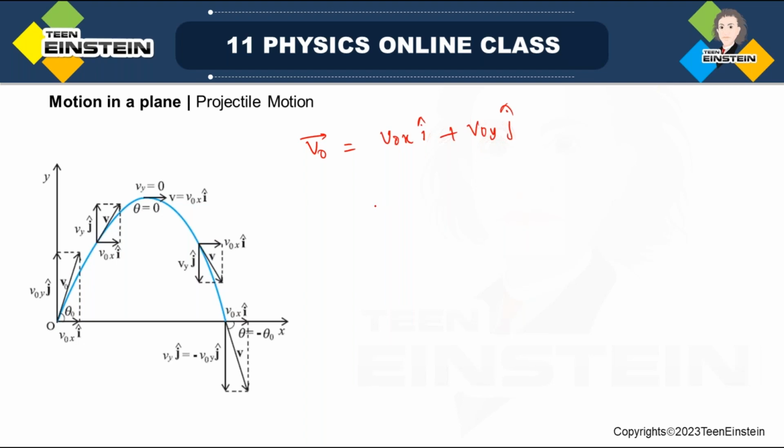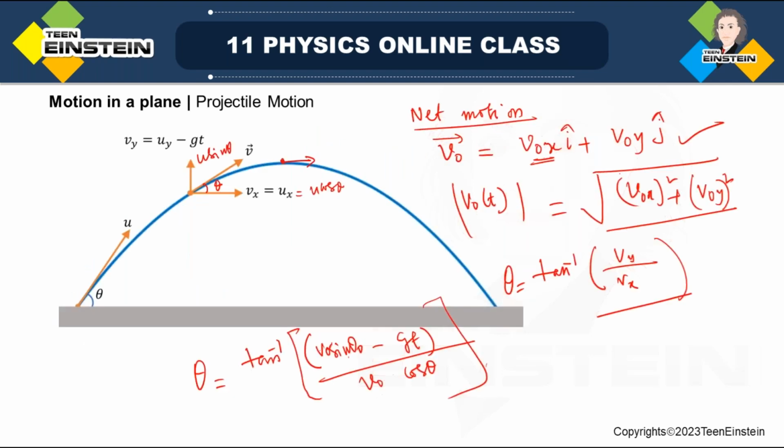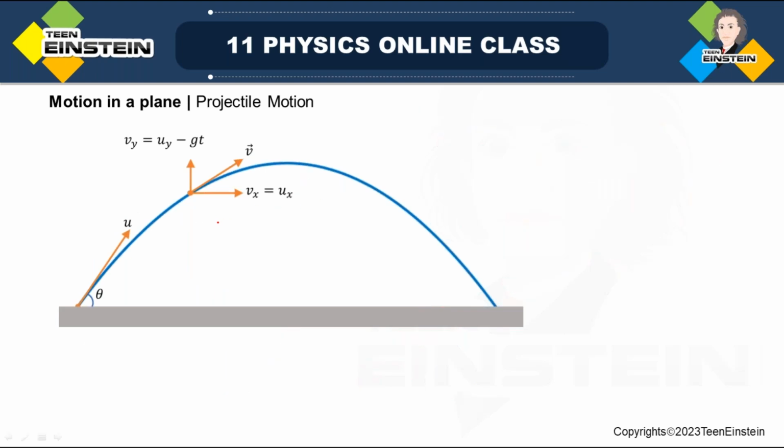Now final velocity we have found out. Let us write this as final, and this as initial. Let me write in terms of this figure itself.